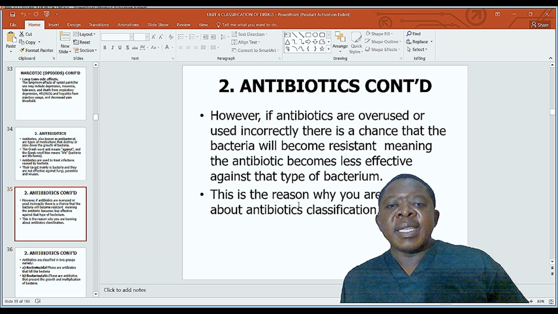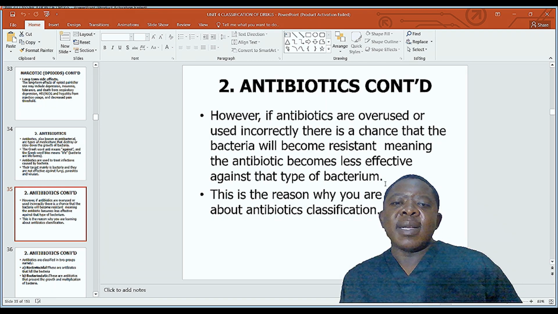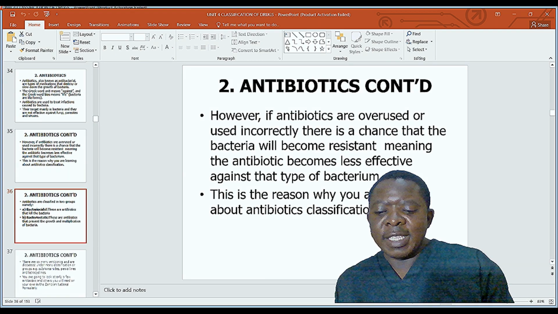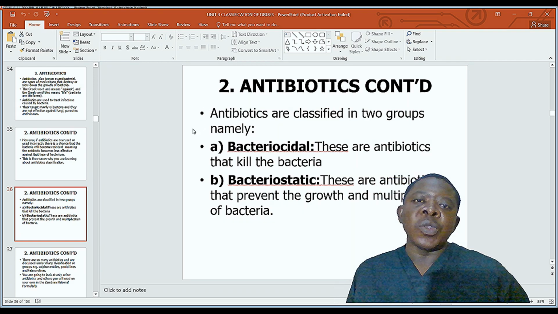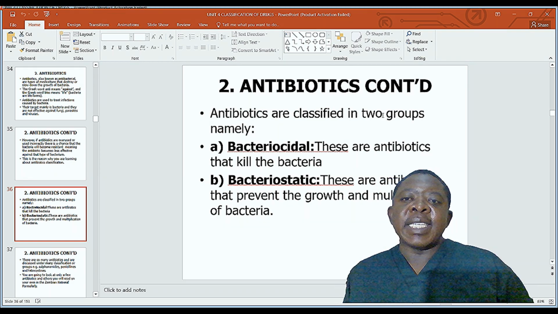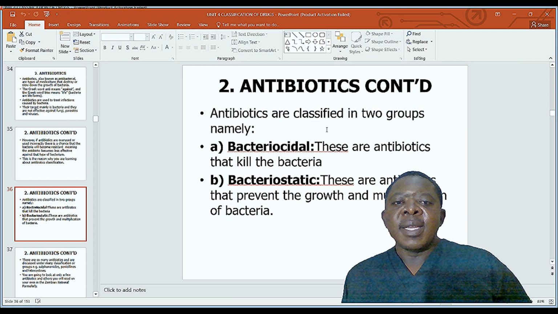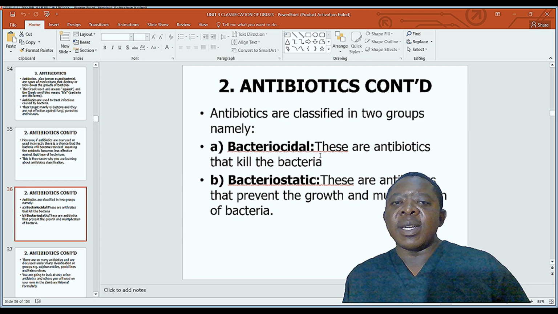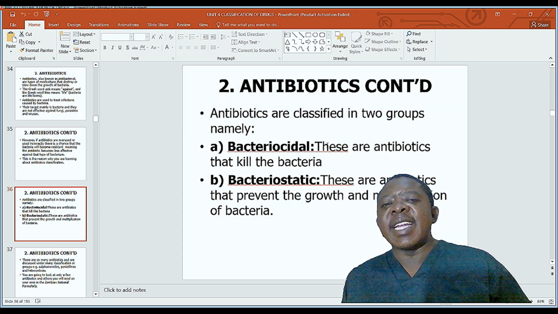This is the reason why you have to learn about the classification of antibiotics. Antibiotics are classified in two groups, namely bactericidal, killing bacteria. So these are antibiotics that kill the bacteria.